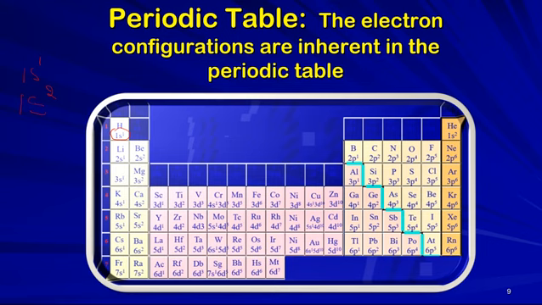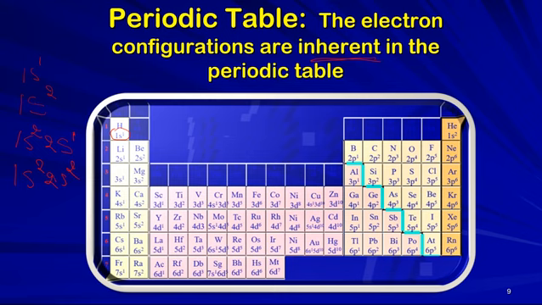When you go to lithium, 1s is full, but you go on to the second energy level and you add 1 extra electron. When you go to beryllium, it is 1s2 2s2. So you keep on adding 1 extra electron, and that is what is meant by the term inherent, that the electronic configurations are inherent.